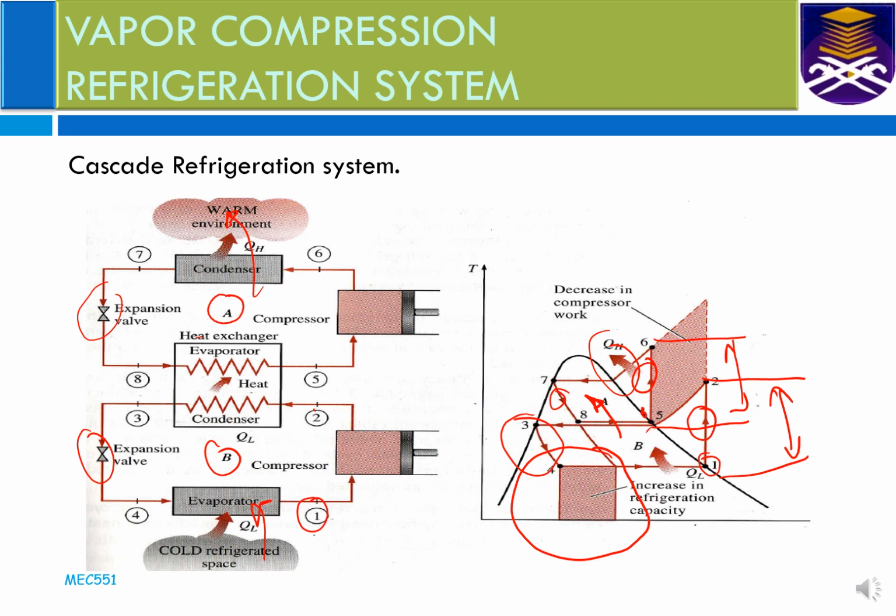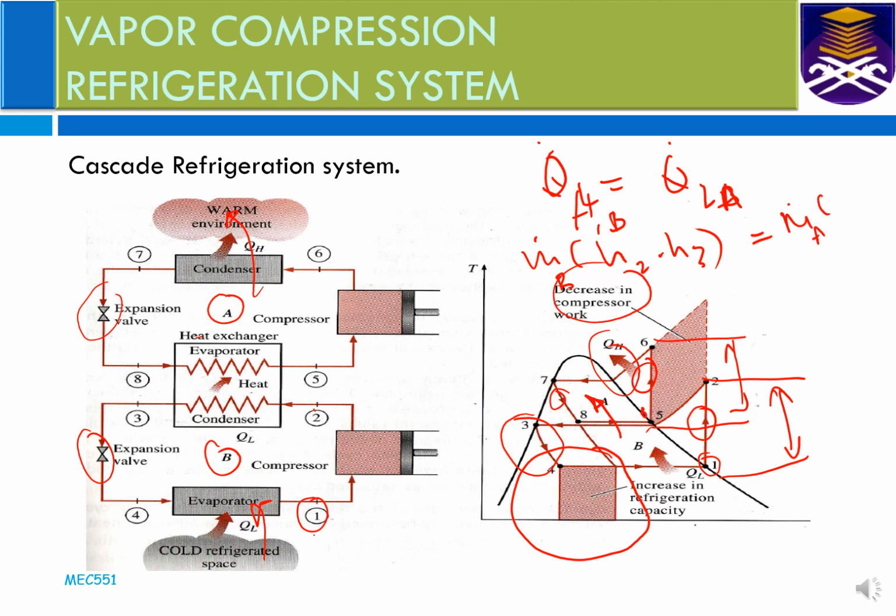So the heat rejection QH from the bottoming cycle will be equal to the QL of the upper cycle, which is m dot B times (H2 minus H3) equal to m dot A times (H5 minus H8).